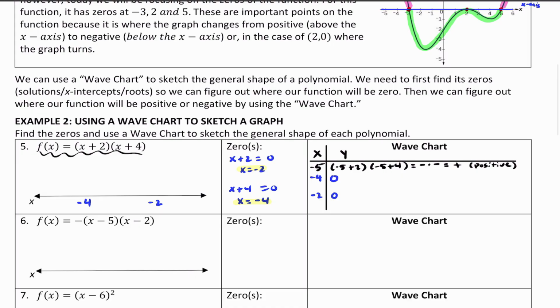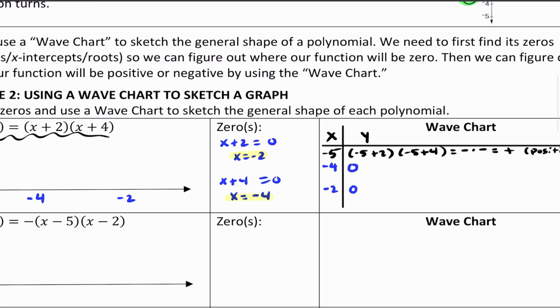We're already good with -4, right? X equals -4, it's going to be 0. So what we need to do is figure out what happens between -4 and -2. Okay, so let's figure out a number between -4 and -2. I'm thinking -3.